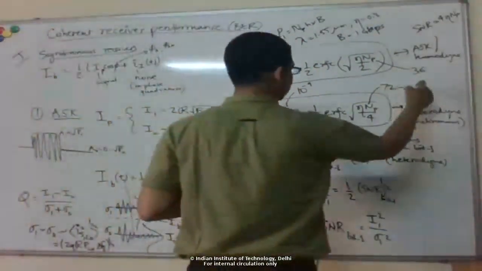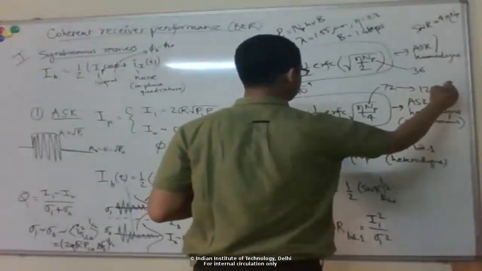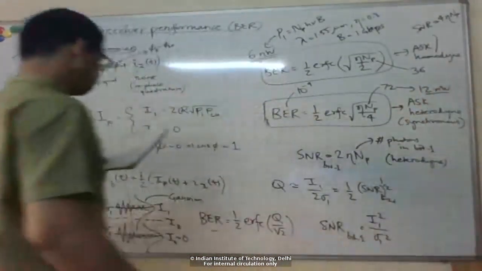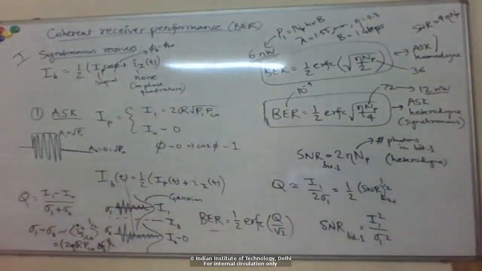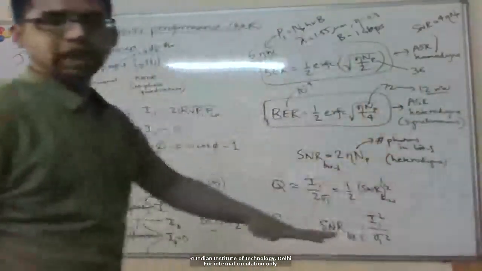For heterodyne, it will come out to be twice that, so 12. So the receiver sensitivity has now gone down into the nanowatts level.